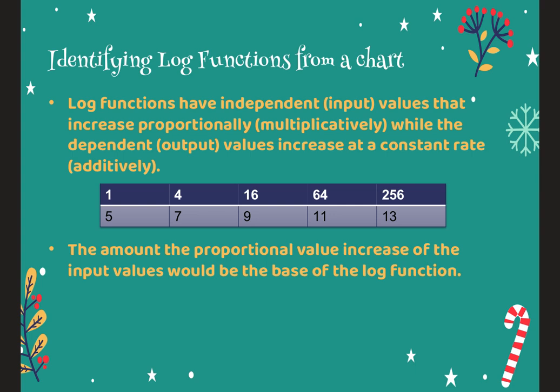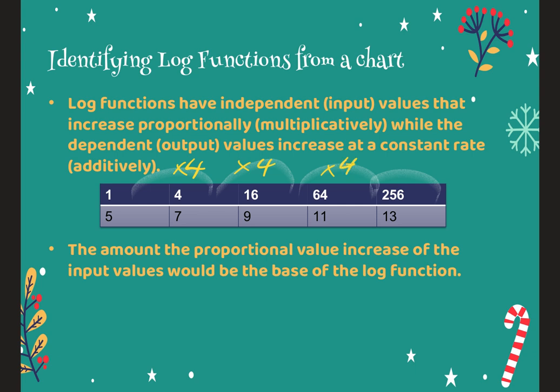What's new is if you pay attention to what you are multiplying each time, this is actually the base on your log. So if I look at this exact data, I'm going from 1 to 4 and 4 to 16 and 16 to 64 and 64 to 256. What are you multiplying by each time? 4. So 4 is the base on your log.